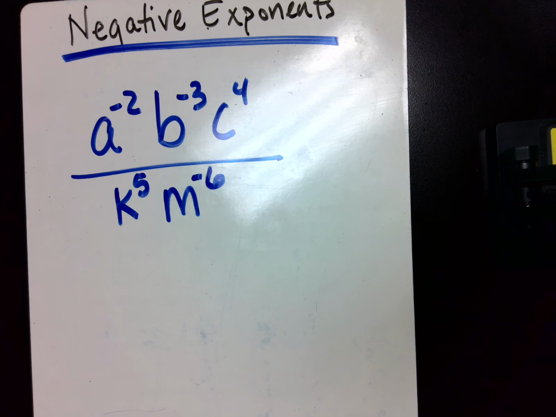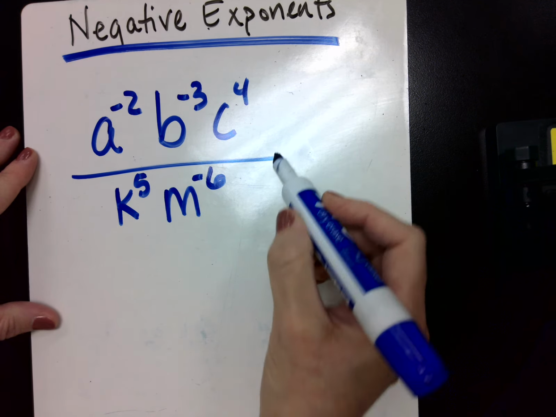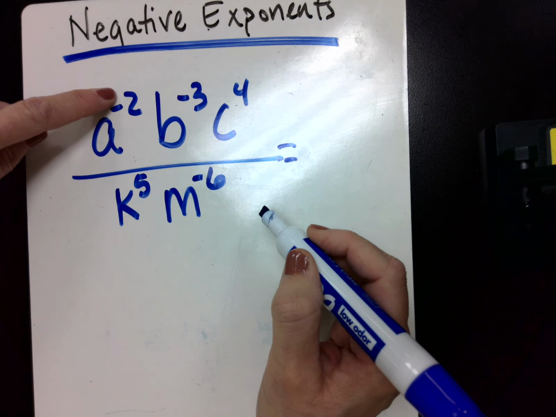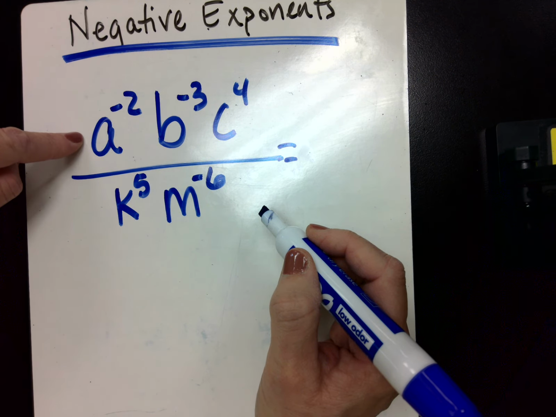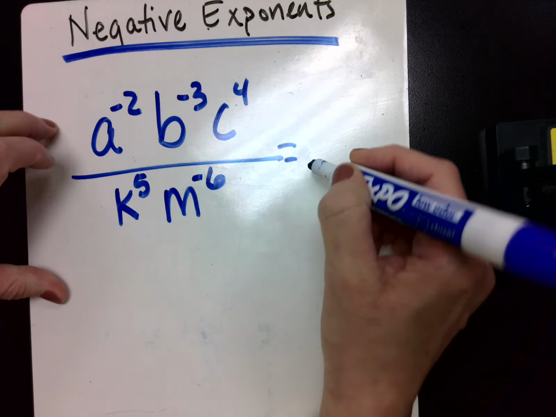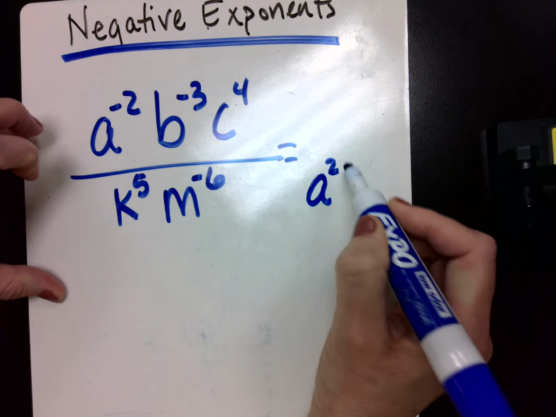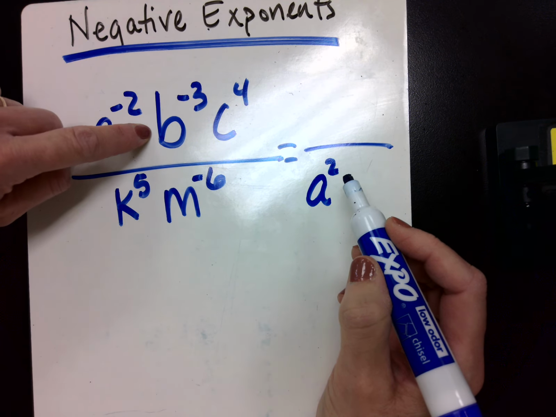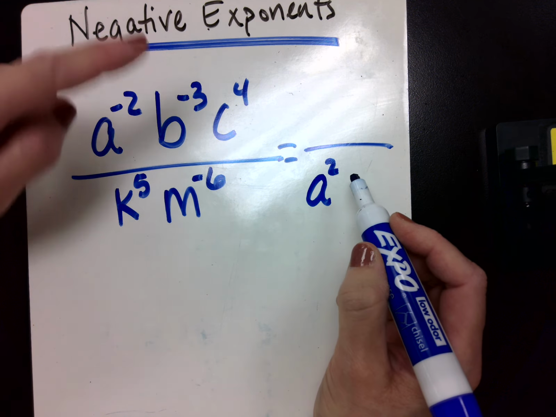Okay, let's try this one just for practice to figure out the movement. On the top, I have a to the negative 2. It has a negative exponent, and since it's a numerator right now, it's going to drop to the bottom. So I'm going to have a squared on the bottom. This b has a negative exponent. It's on the top right now, so it's going to move to the bottom.